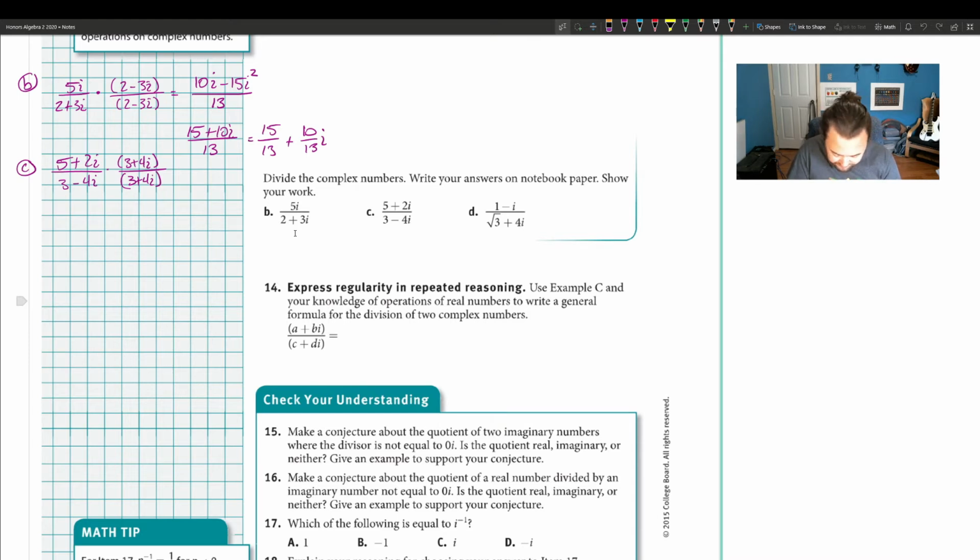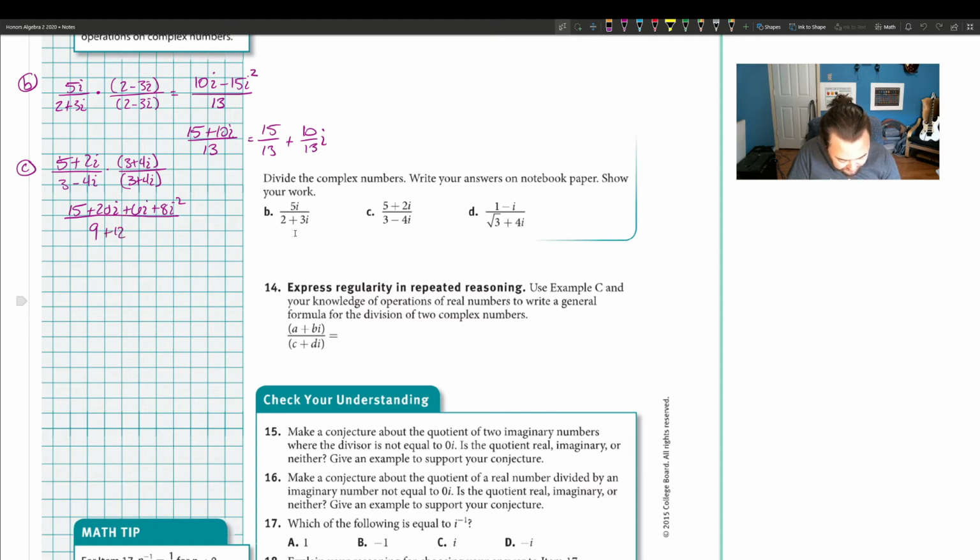So 5 times 3 will be 15. Let's see, 5 times 4i will be 20i. We've got 2i times 3, so plus 6i. And we've got 2i times 4i, so that's 8i squared. And I'll go ahead and multiply out the denominator just so you can see how the process works all the way through. 3 times 3 will be 9. 3 times 4i will be 12i.